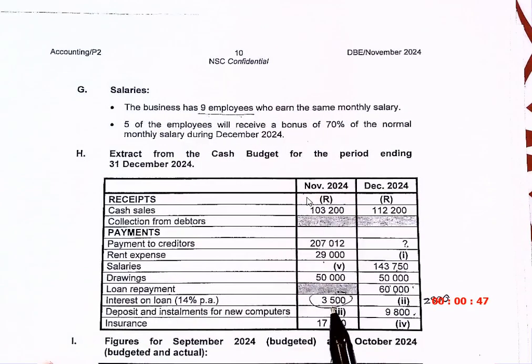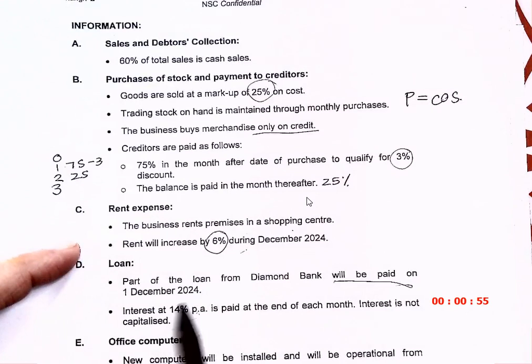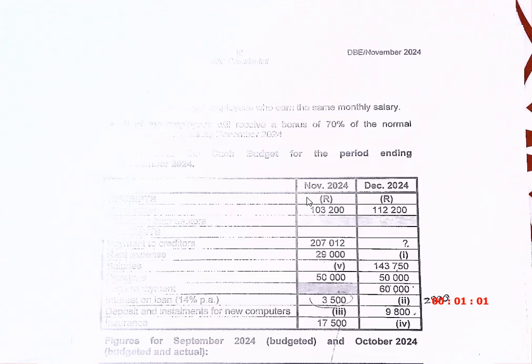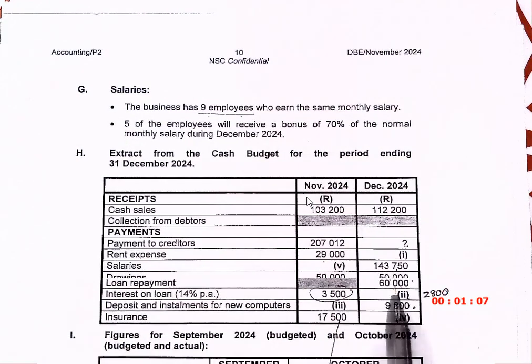Can you see they give me the interest on loan there, 3,005. Okay, and this is before I pay back the loan, because here they say I pay back on the loan 1st of December. How do I know how much I pay back on the loan? I see there, loan repayment, 60,000.